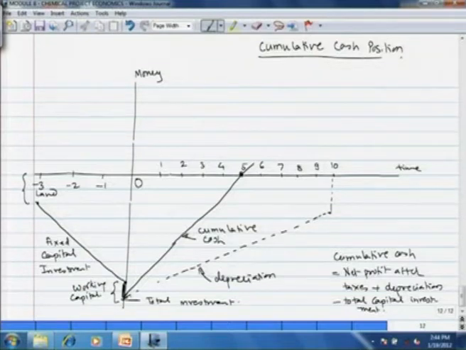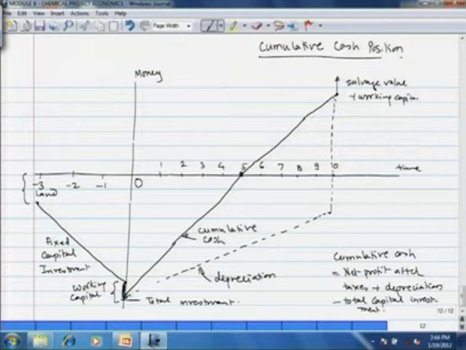And then comes the further profit, that is up to year 10, and then at 10 years, let us say we sell off plant equipment and try to get the salvage value for the equipment. The working capital is already recovered, plus let us say we also sell the land.